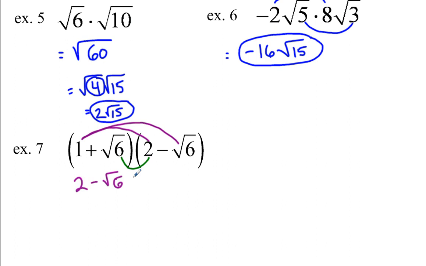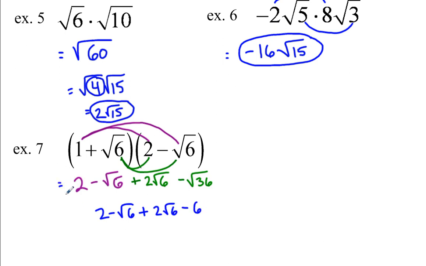When I multiply these, I get positive 2 root 6. When I multiply radical 6 times negative radical 6, I get negative radical 36, which is really just negative 6, okay? So I'm going to rewrite this. 2 minus root 6 plus 2 root 6 minus 6.